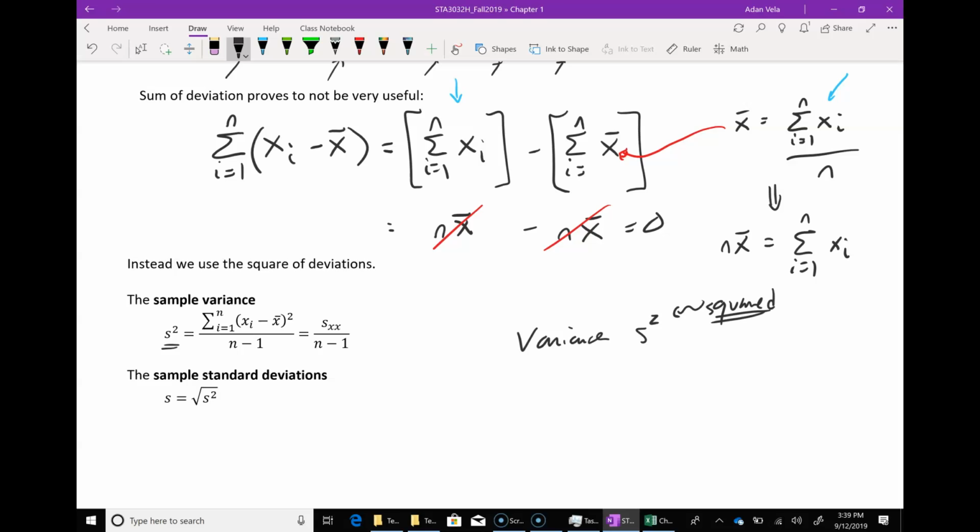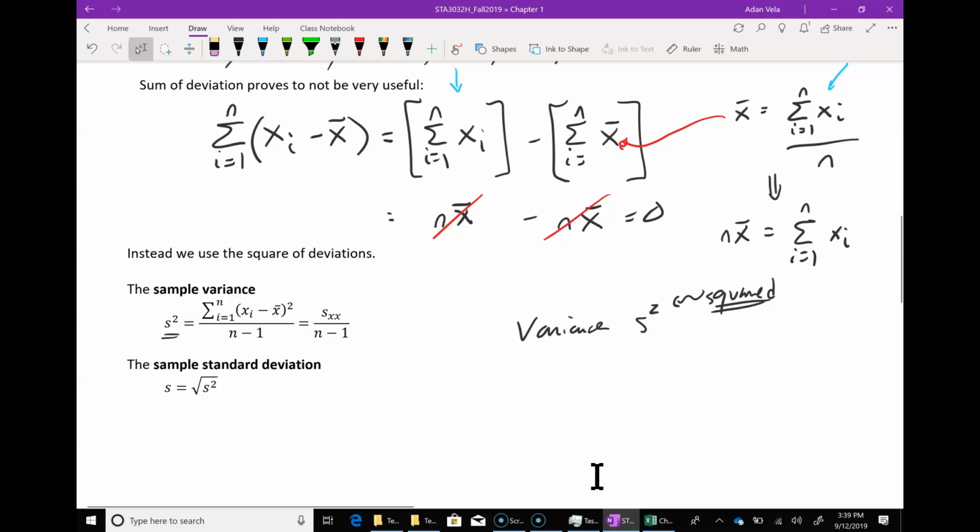To make things a little bit more understandable, a lot of people will talk about the standard deviation. Oh, that should be deviation here. The sample standard deviation, right?